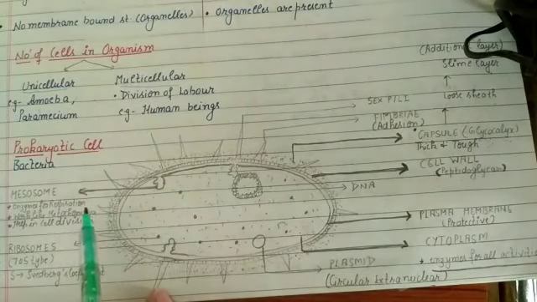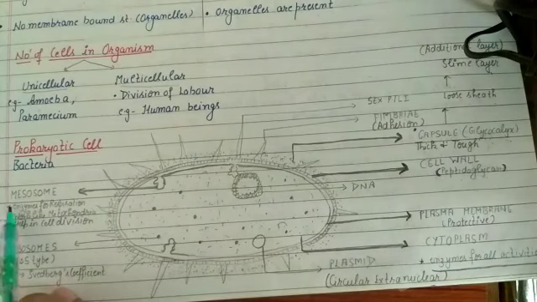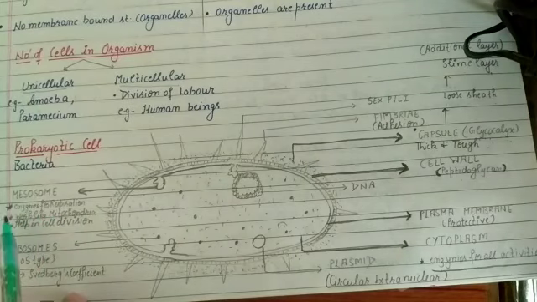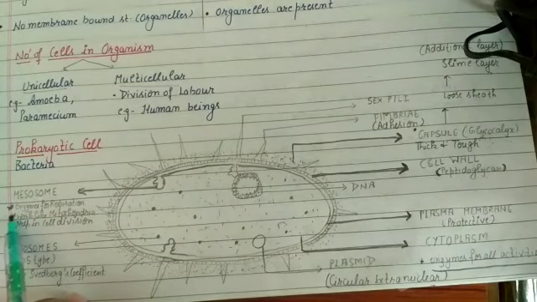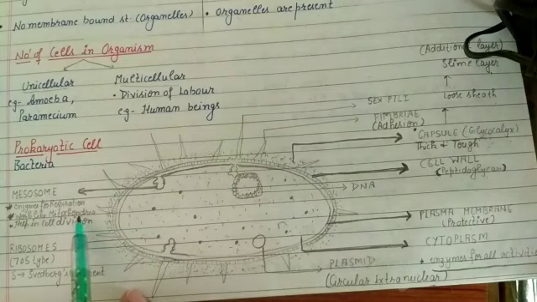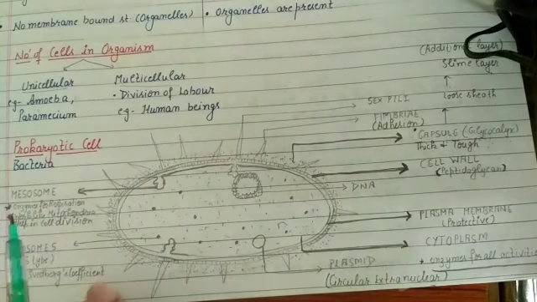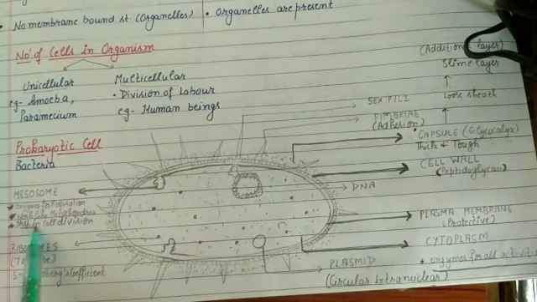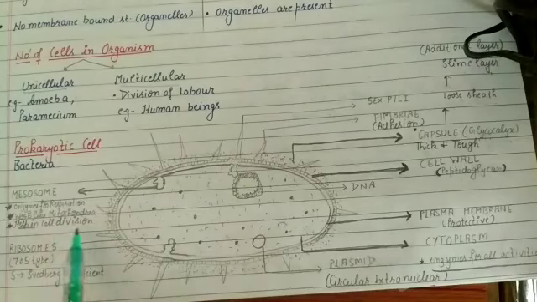Three functions quickly for mesosomes. They have enzymes for replication. They work like mitochondria, because prokaryotes do not have mitochondria. And they help in cell division.